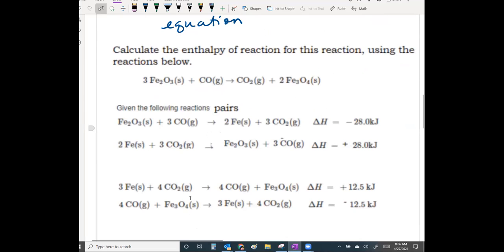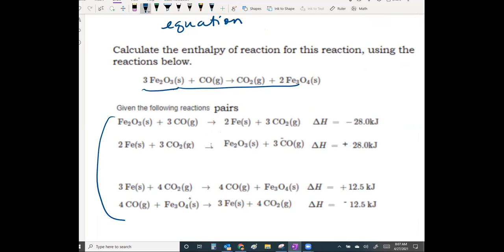So basically, if you want to figure out this, you could go and look up enthalpies of formation, but it doesn't happen in one step. It happens in several steps. So it may be difficult to find some of that information. So what you do is you want to recreate this by adding these together. All right.